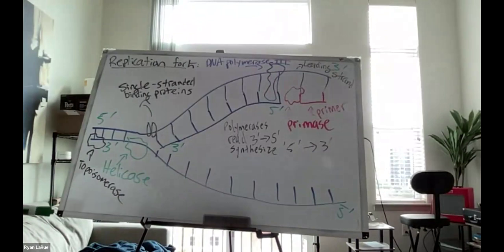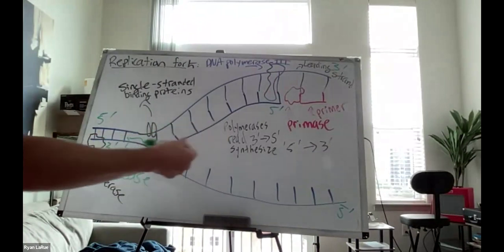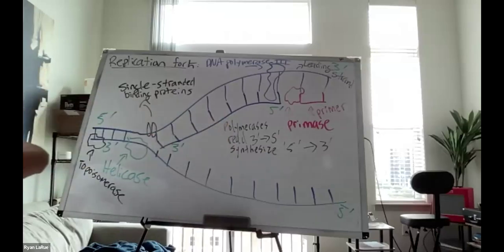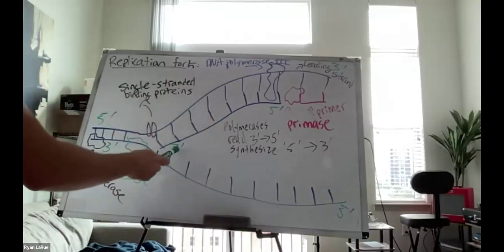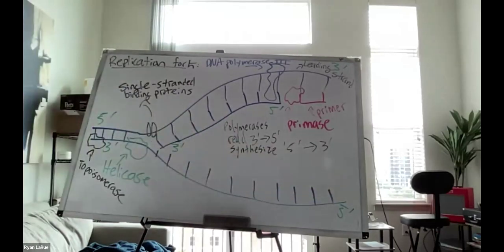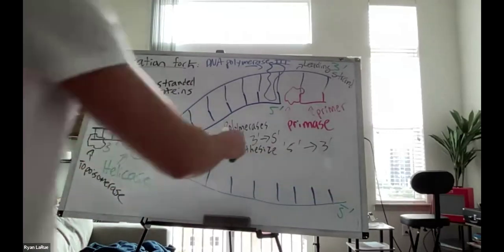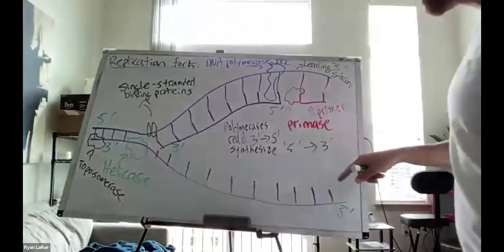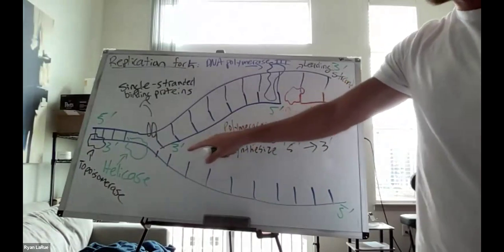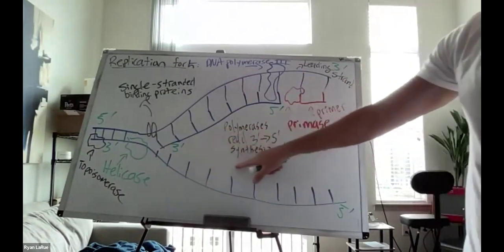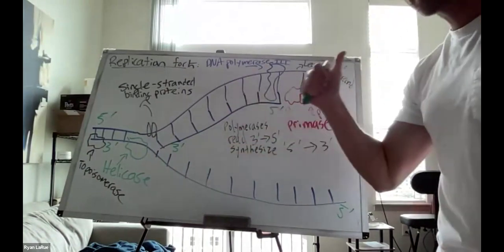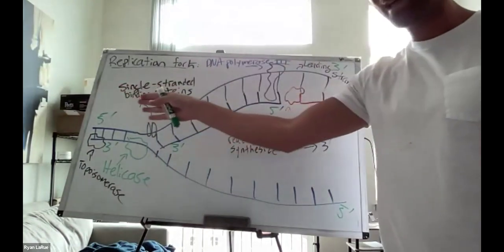Now, here's the problem. The overall direction of replication is this way. And yet, we've got to replicate this, and we can't go that way. Why not? DNA polymerase cannot read 5 to 3. It can only read and synthesize in this direction, which is the freaking opposite direction of where we're supposed to go, right?